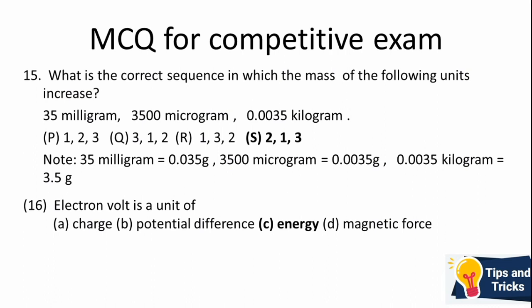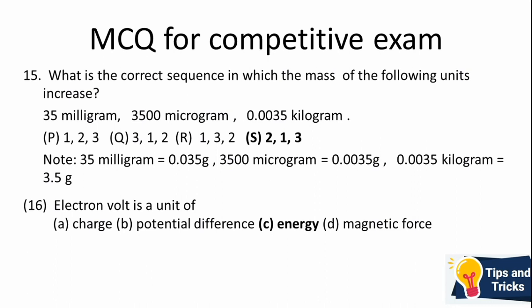So question number 16, electron volt is a unit of, options given are charge, potential difference, energy and magnetic force. So charge is a physical quantity, basically a derived physical quantity. Its unit is coulomb.